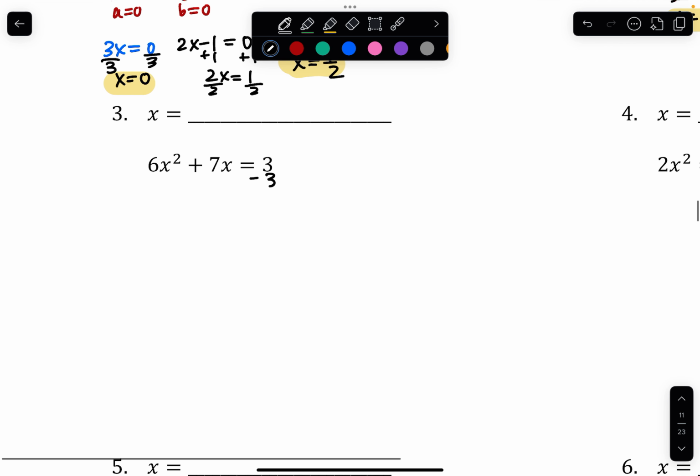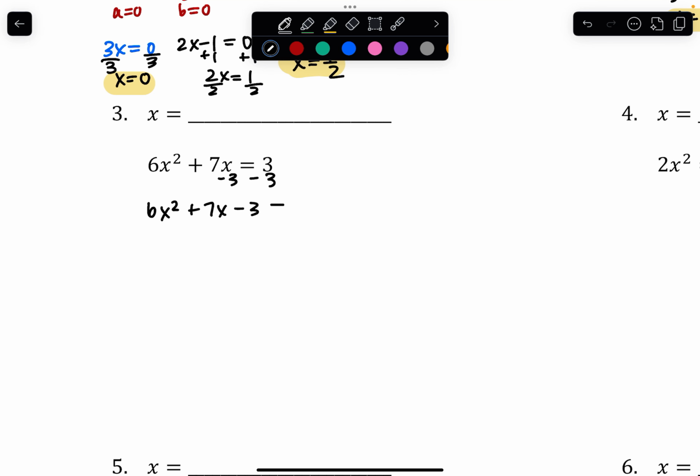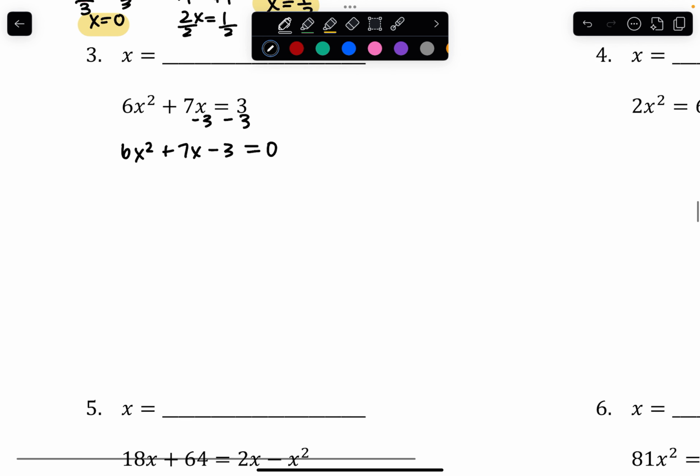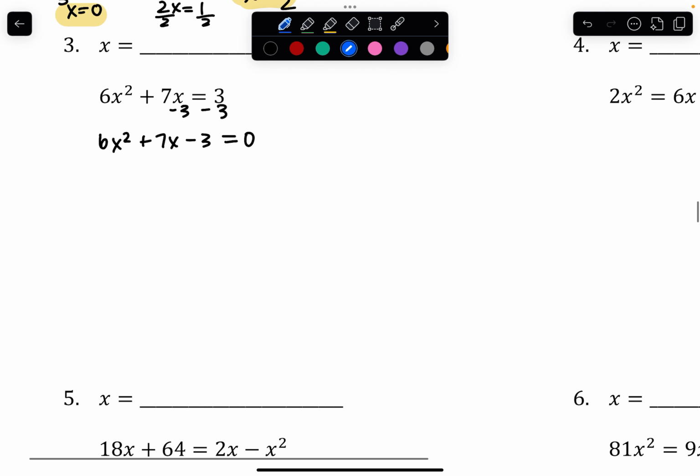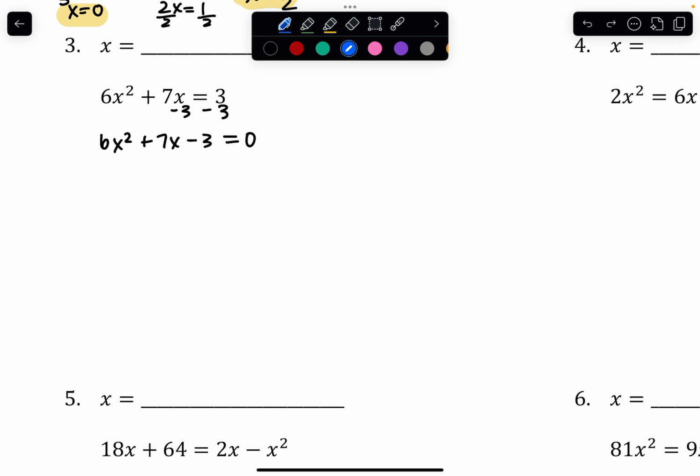Okay, over here, we need to move the 3 to the other side. And this time, A is not 1, and we don't have a GCF situation. So this one we have to factor by grouping. Okay, we still need to find two numbers that multiply to A times C. A times C is -18, but add to the middle number 7.